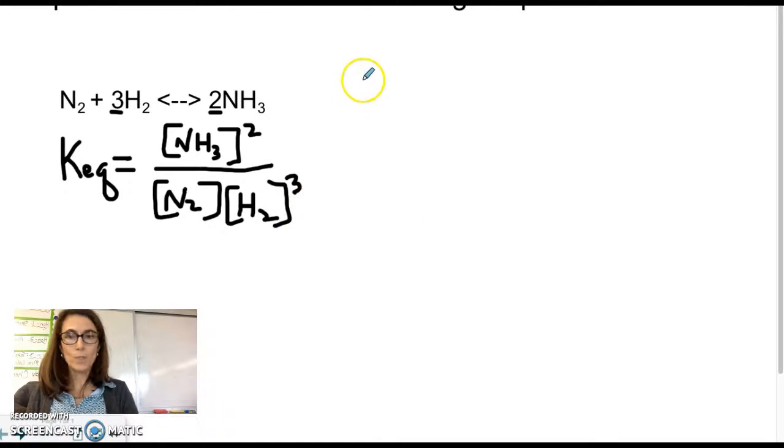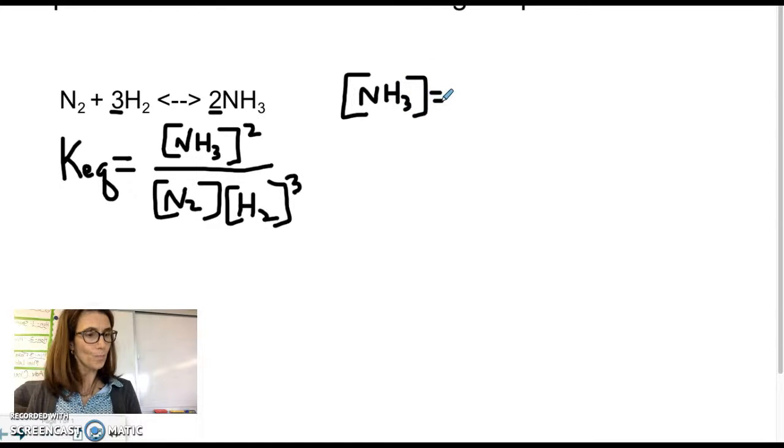So what if we were given values for these concentrations? Let's say we had the concentration of NH3 and that was equal to 0.01 molar.